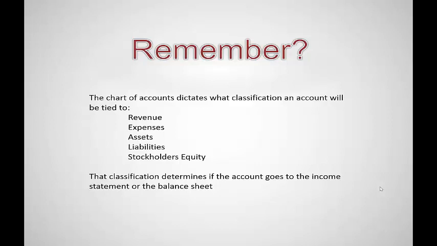You get the picture here. That classification will determine if the account goes to the income statement or the balance sheet. The important thing to remember here is that the two primary financial statements that spawn everything else are the income statement and the balance sheet. And I'll show you what I mean by that in a moment.